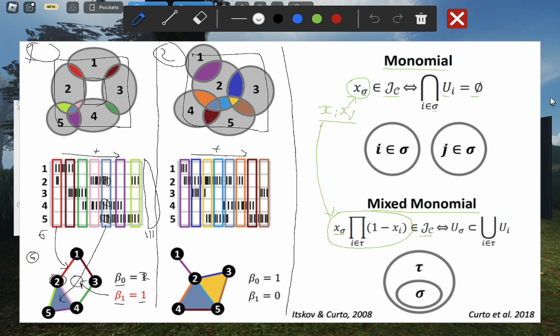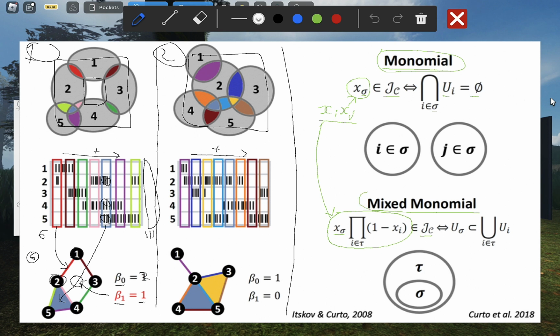Okay, so I take a subset sigma of the set of integers 1 through 5, or however many neural fields there are, and if there are no overlaps, then I form this product of variables standing for fields, and I add that relation to my ideal. And that relationship is a monomial relationship.